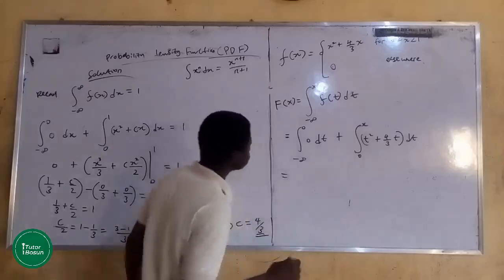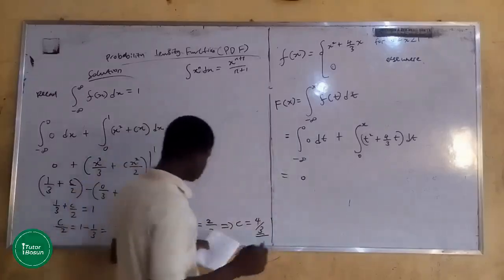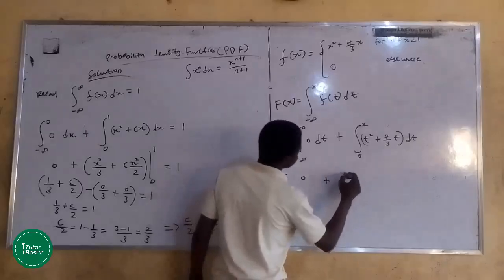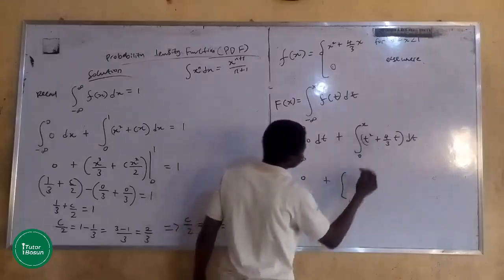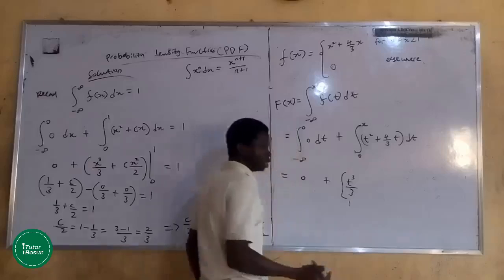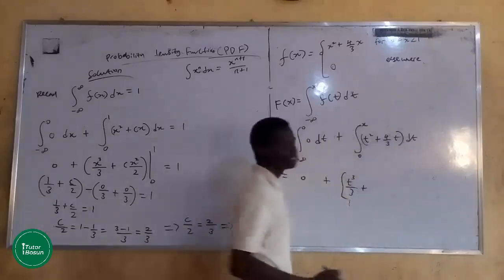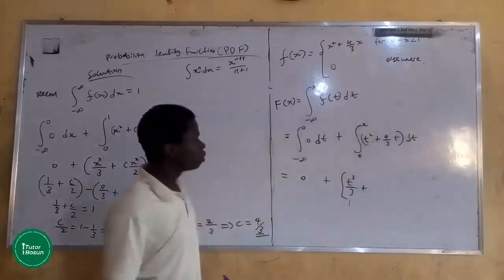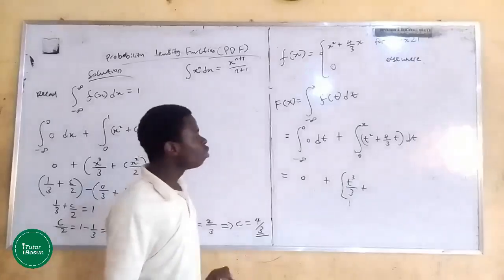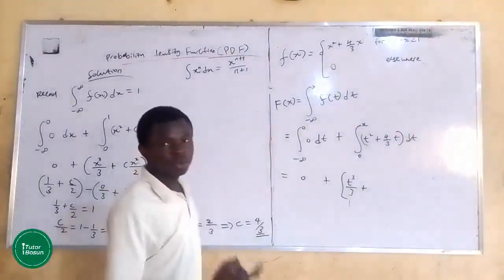Then we integrate. If you integrate that, you have 0, plus if you integrate this, t squared becomes t cubed over 3, that is 2 plus 1, 3 over 3, plus this becomes 4 over 3 times t squared over 2. Then 3 times 2 becomes 6.